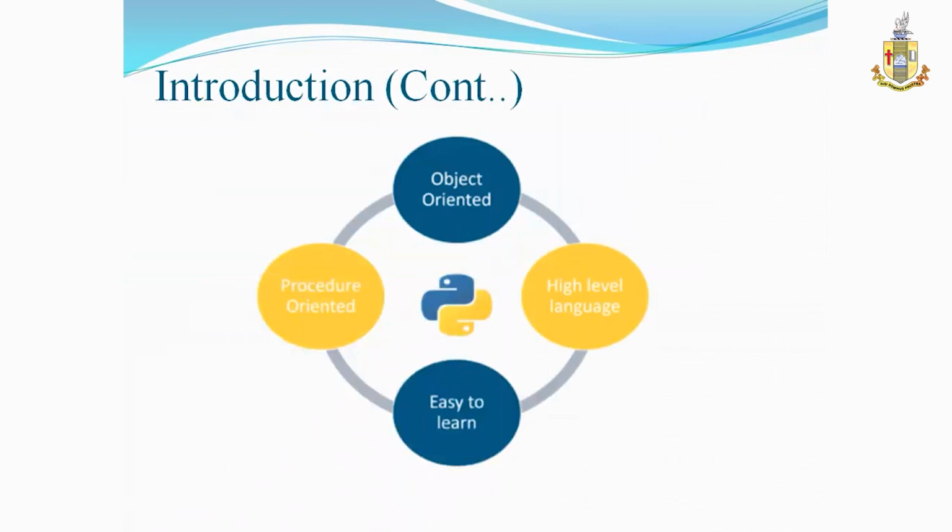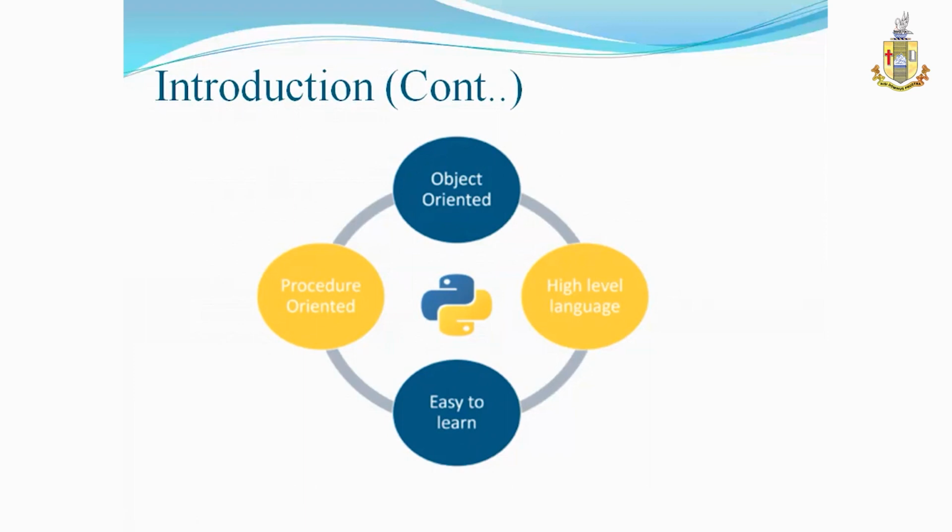So as we saw, Python is a high level language and it is an easy to learn language. So what is procedure oriented? Procedure oriented language means to perform a specific task there are a set of procedures, or it performs certain functions to accomplish a specific task.